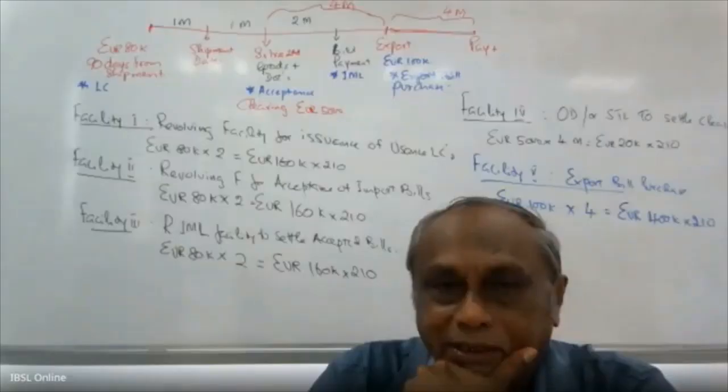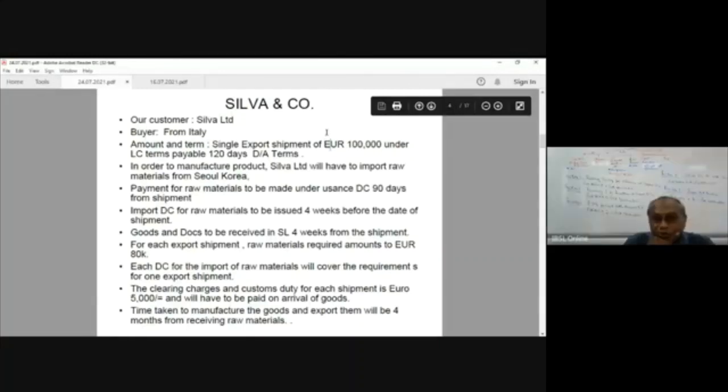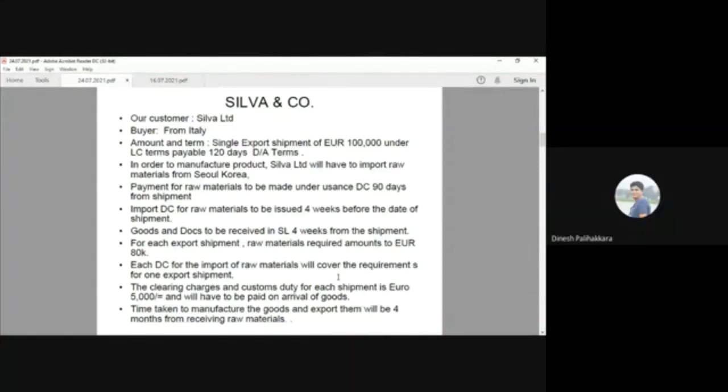So a small question. For this kind of question, we don't want to consider rupee depreciation or anything, no? Right. Without discounting, we can keep the bill to settle it from the export proceeds, because the rupee is going to depreciate more.